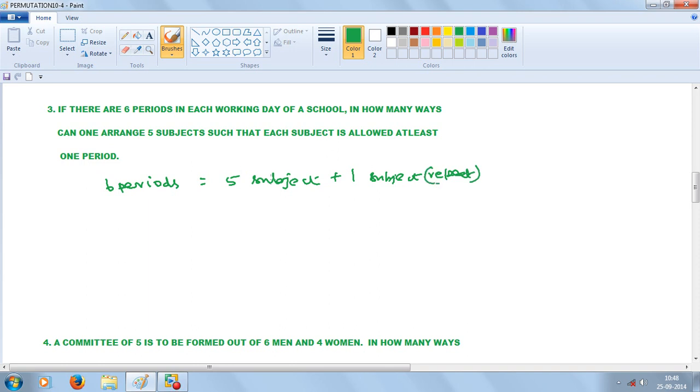That is not specified in the problem. So the number of ways it can happen is equal to 5P5.